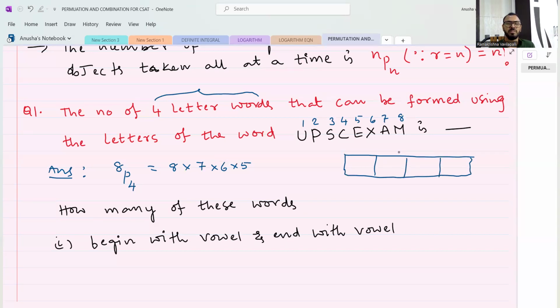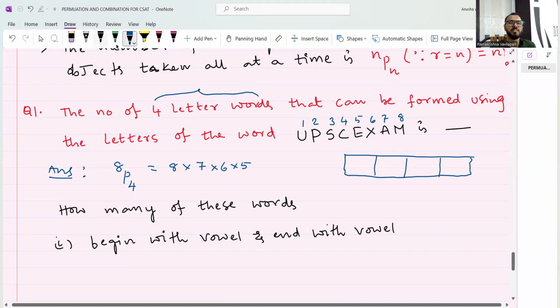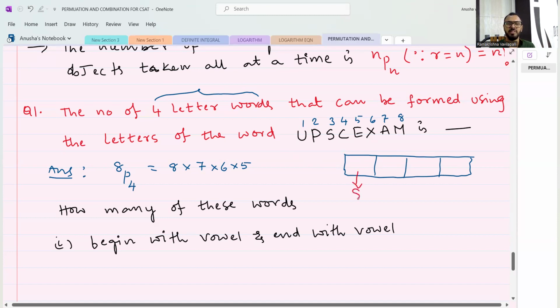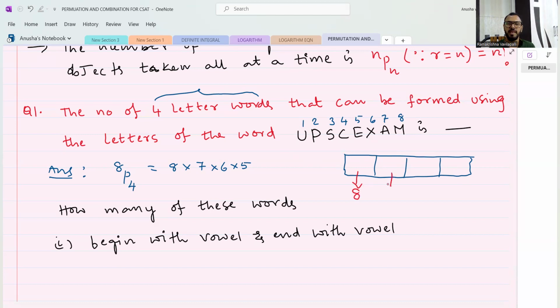There are 4 boxes. First box can be filled in 8 ways. Assume either from left to right or right to left. This place can be filled in 8 ways as there are 8 letters in the UPSC exam. Next, second box, 7 ways.